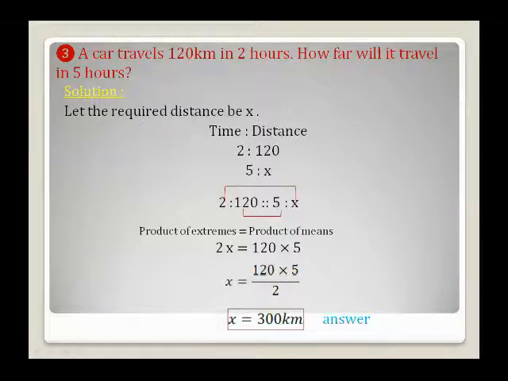Now after simplification we get x is equal to 300. Now the kilometer is the unit of distance because our car travels 120 kilometers as above. Now the second distance we also mention in kilometers. It means that the car travels 300 kilometers in 5 hours.